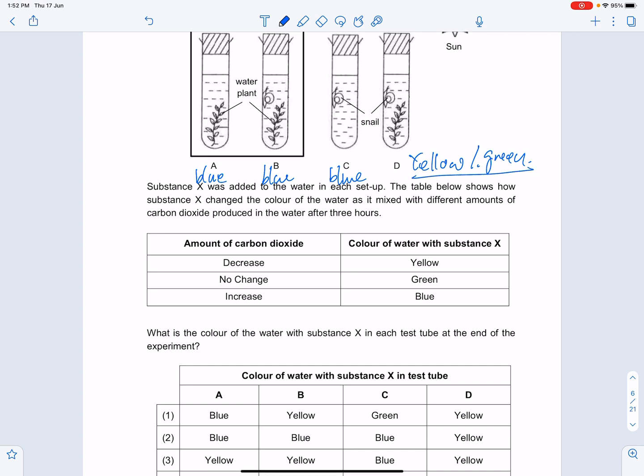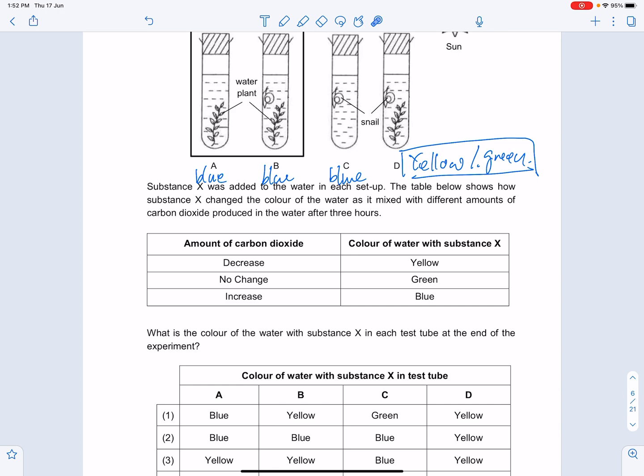This is the part where you need to use the elimination method, because this is something that we're not sure of. Why is this a variable? Because it really depends on the rate of respiration of your snail. Did it produce enough carbon dioxide? It also depends on the photosynthesis rate of the plant, which the question didn't state exactly. But I do know that my plant will remove some of the carbon dioxide. Whether it removes more than what the snail is producing, or less, I don't know. But I know that it's either a decrease or no change for carbon dioxide.